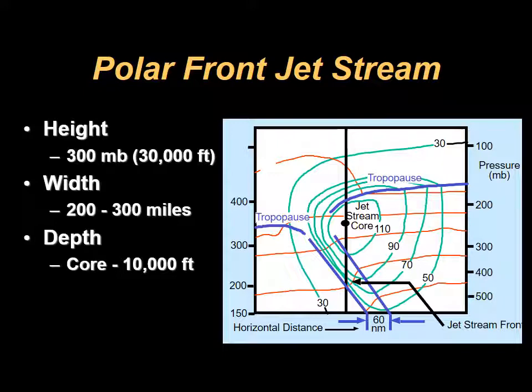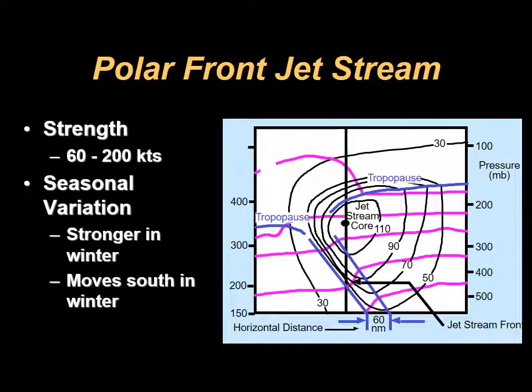As we mentioned, it's a little bit lower than the subtropical jet stream, typically about 300 millibars or about 30,000 feet. It's about 200 to 300 miles wide, and its depth is about 10,000 feet, the same as the subtropical jet stream.